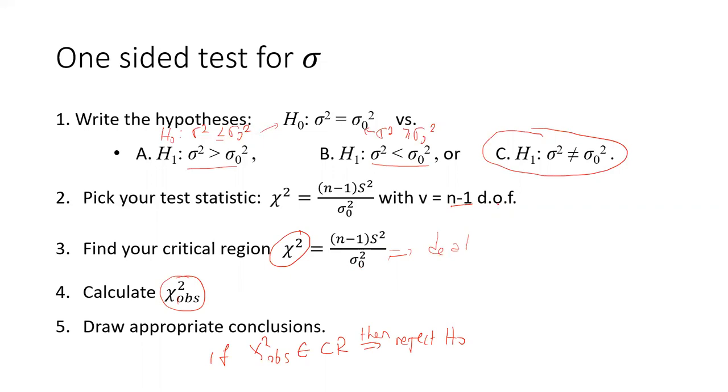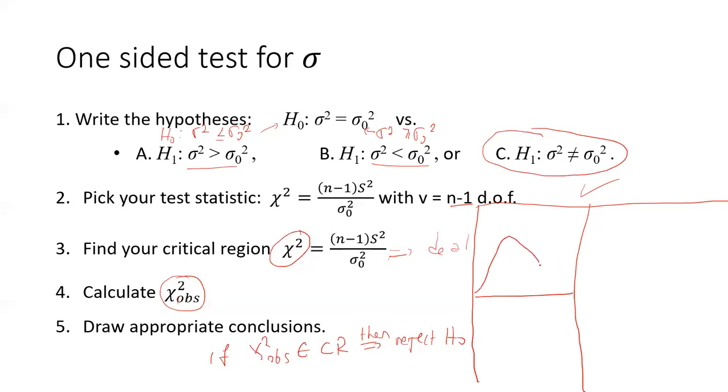For this one, we know the critical region. Let me just divide this part into two. This is the chi-square random variable.